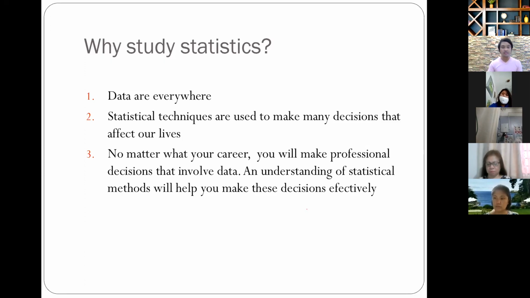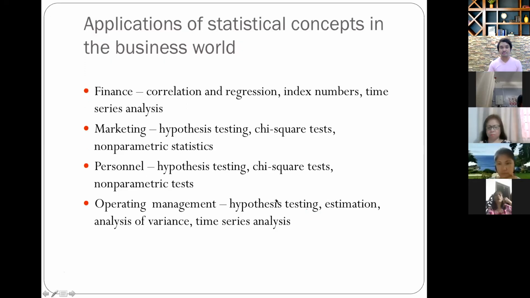And number three, no matter what your career, you will make professional decisions that will involve data for sure. An understanding of statistical methods will help you make these decisions effectively. So those are the reasons why statistics is important.